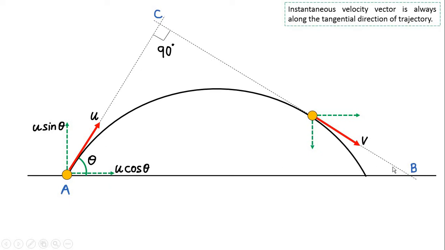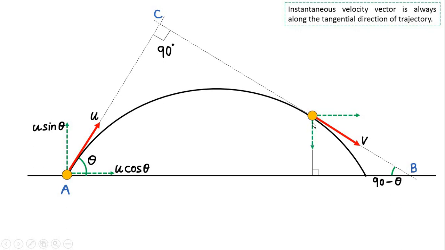So angle B, this remaining angle, must be 90 minus theta, because the sum of the internal angles must equal 180 degrees. 90 plus 90 minus theta, plus theta, gives 180. So this angle B is 90 minus theta. Now we are supposed to find out this angle. So for that purpose, let us extend this vertical line down.